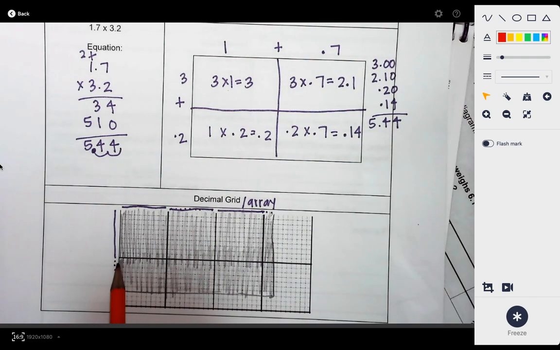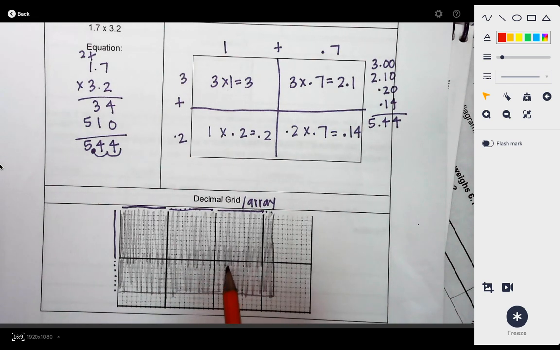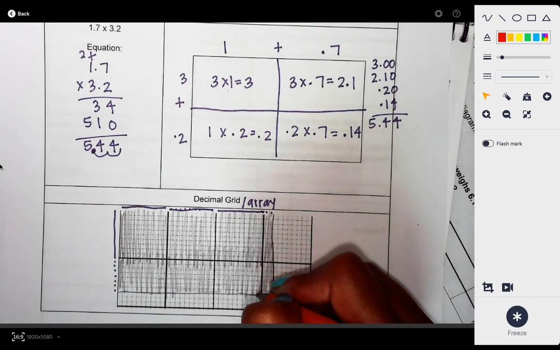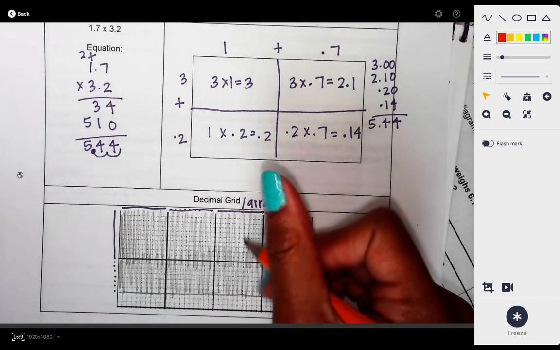Now I'm going to go horizontally. 3 3/10, 4/10, 5/10, 6/10, 7/10, 8/10, 9/10, 4 wholes. 1/10, 2/10, 3/10, 4/10, 5/10, 6/10, 7/10, 8/10, 9/10, 5 wholes. 1/10, 2/10, 3/10, 4/10. Oh wait, it was 3/10. Okay. So right now I have 5 and 3/10.